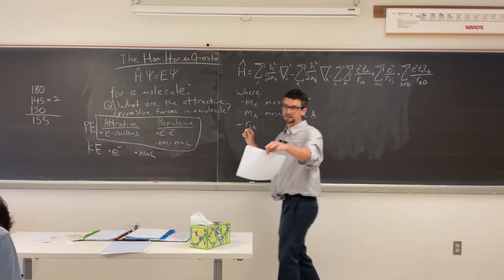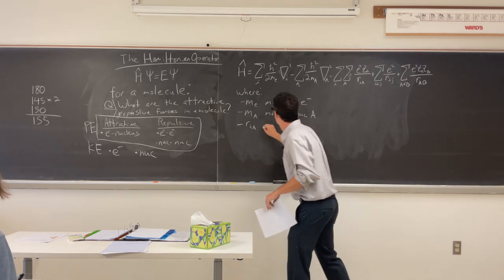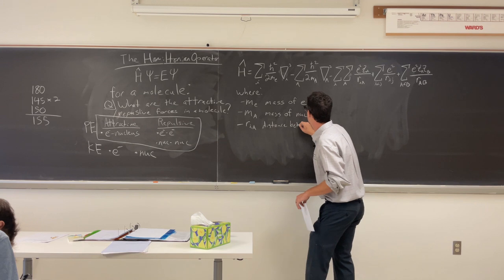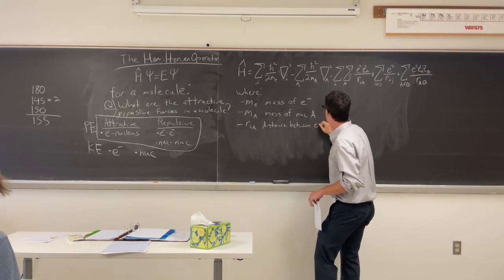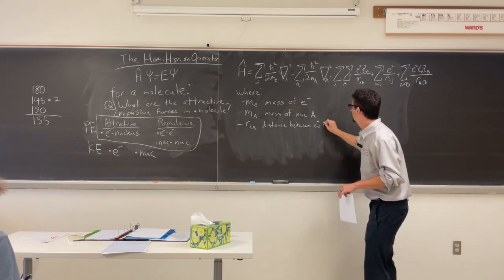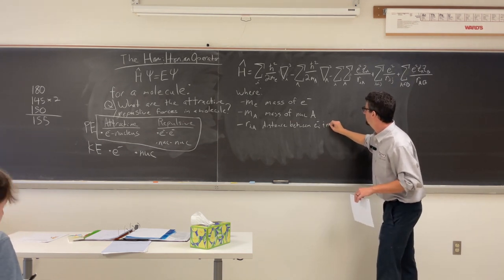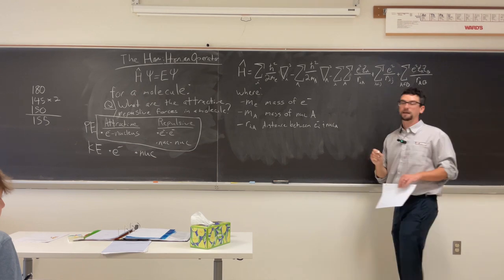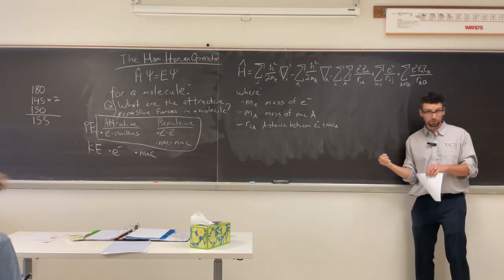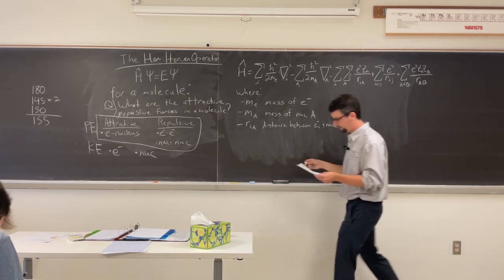The distance between electron i and nucleus A. Okay, because we can have different numbers of electrons and different numbers of nuclei.